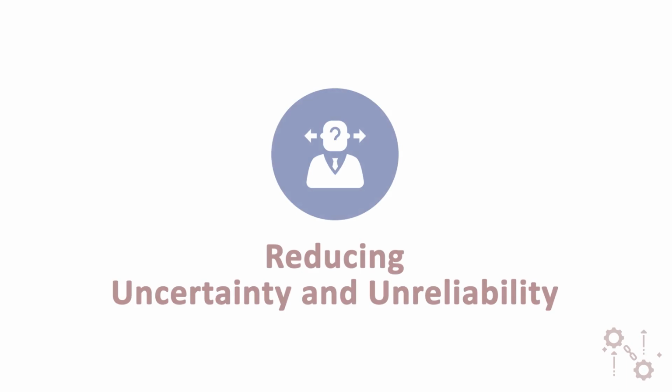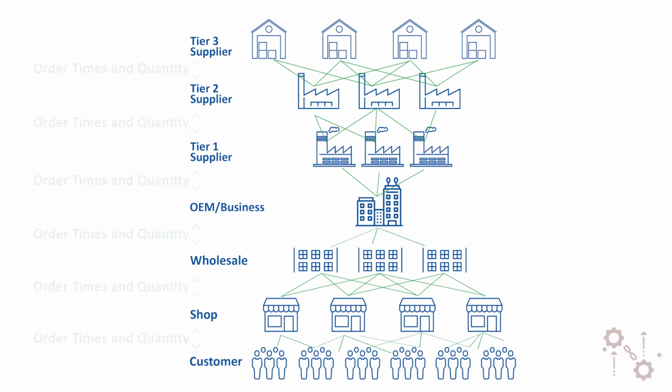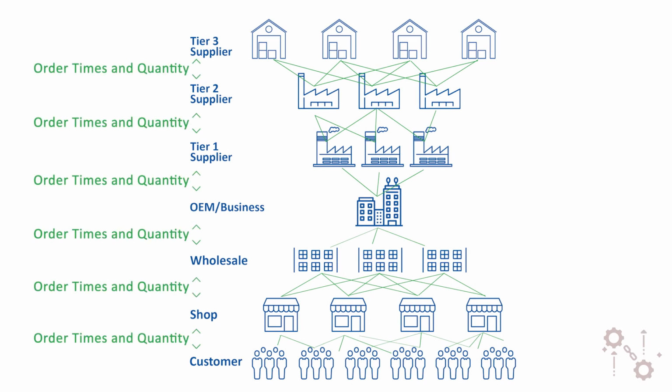Next up, reducing uncertainty and unreliability. There is always variation, but there are lots of things we can do to understand and reduce it. Specifically here, we're looking at reducing the uncertainty of order times and quantities between the different tiers in the supply chain.